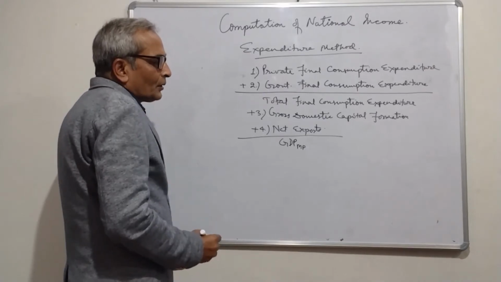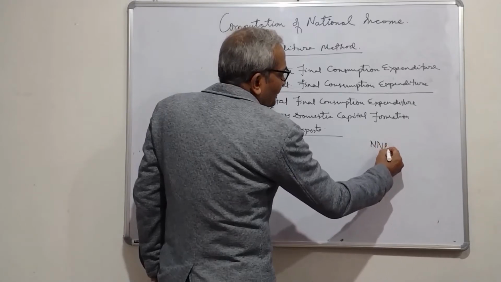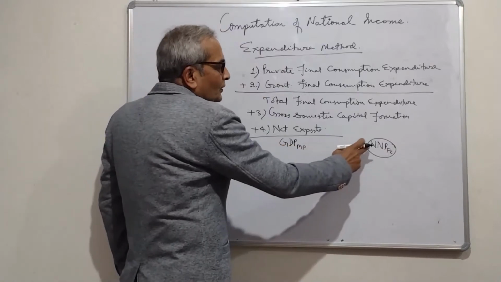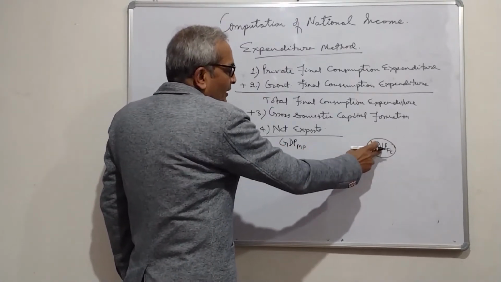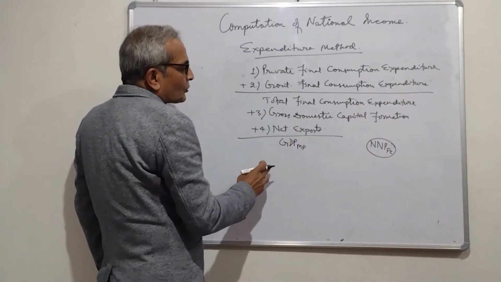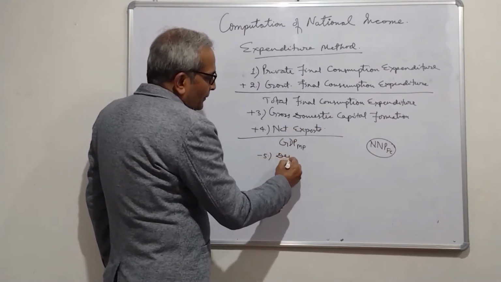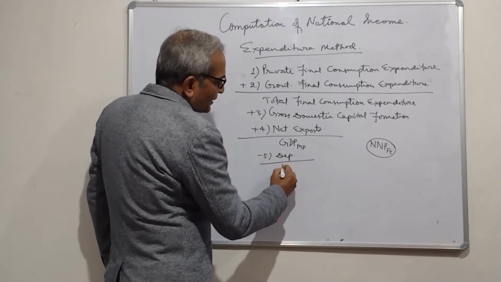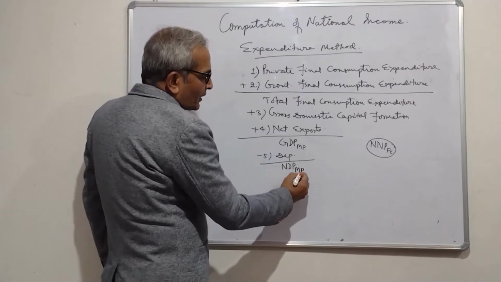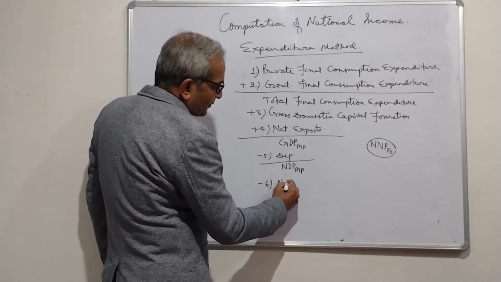Now, if you recall, the national income is NNP at factor cost. So we have to convert this gross into net, this domestic into national, and this market price into factor cost. So to convert gross into net, we subtract depreciation from it. We get NDP at market price. To convert market price into factor cost, we subtract NIT.